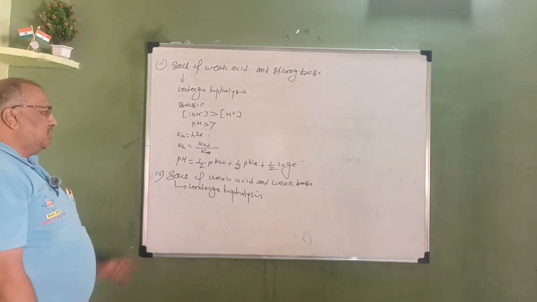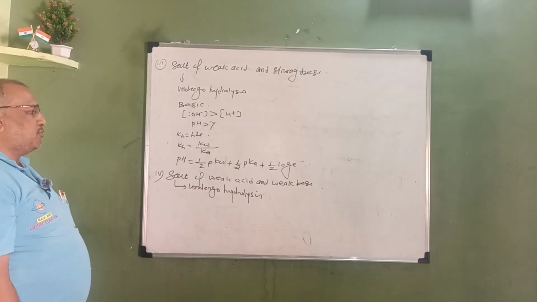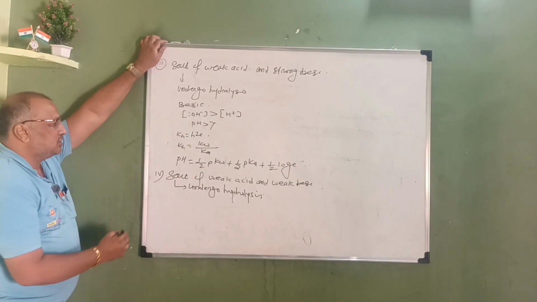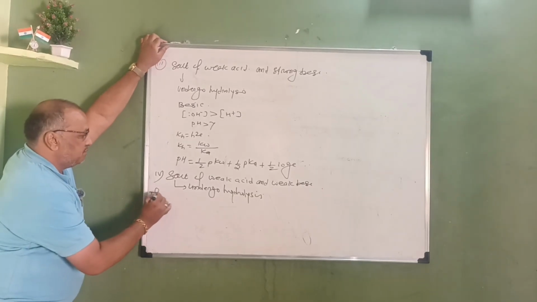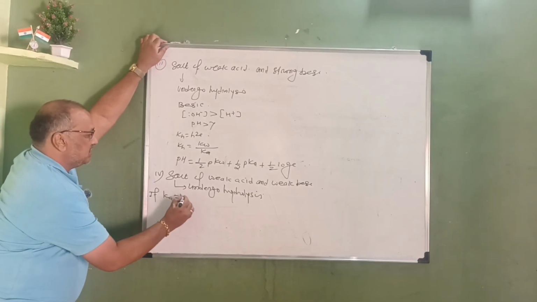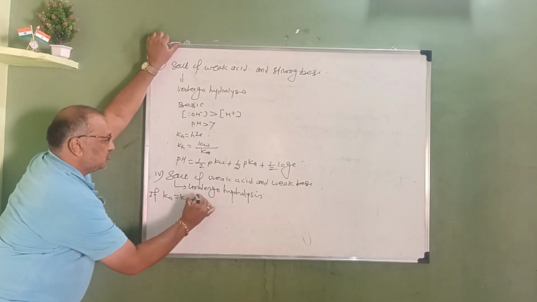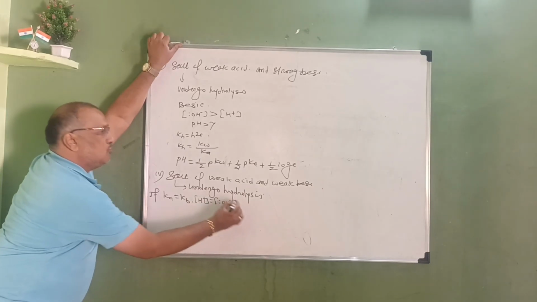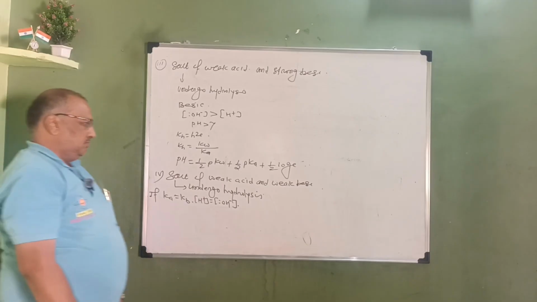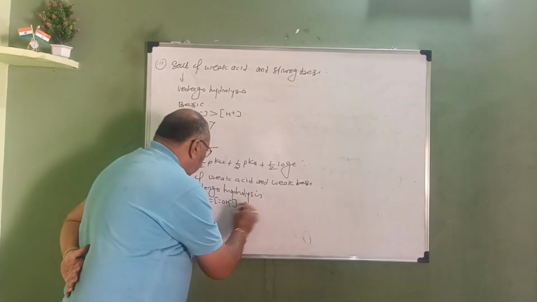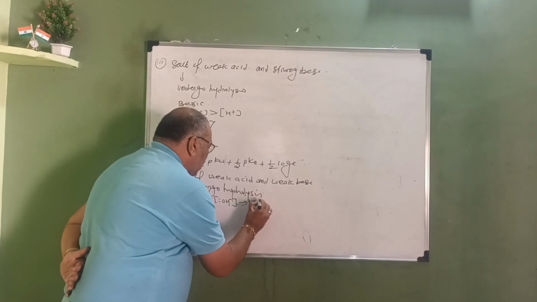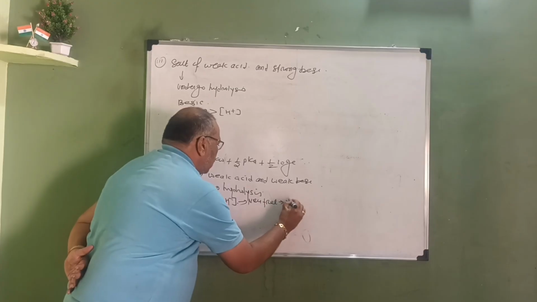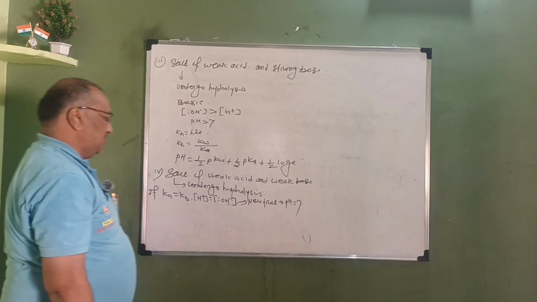But here nature of this solution depends upon the dissociation constant of acid and dissociation constant of base. If Ka is equal to Kb, then concentration of H plus ion is equal to concentration of OH minus ion, and the solution becomes neutral and pH is equal to 7.